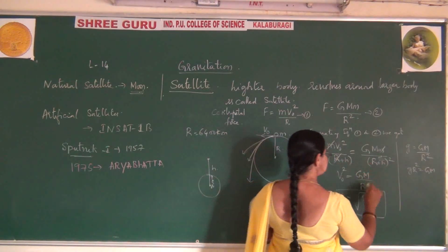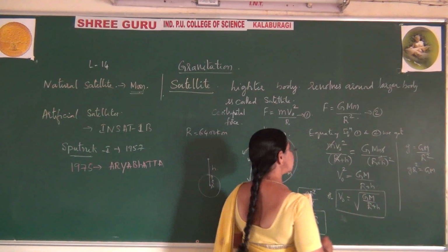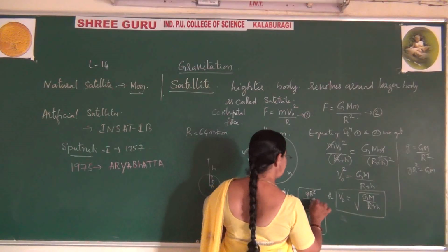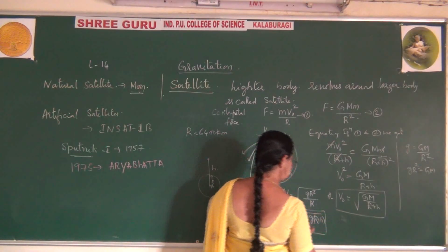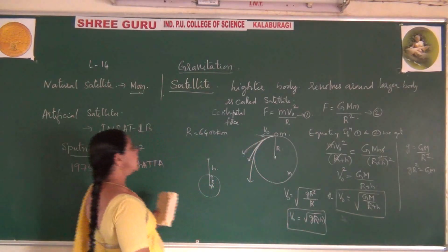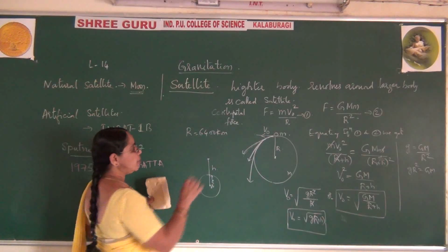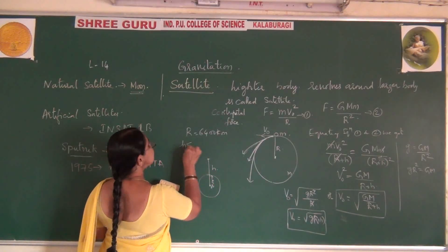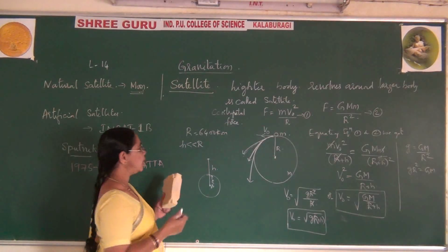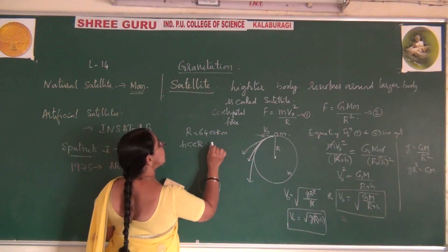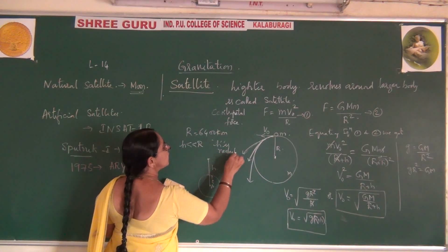But if h is very close to the surface, if h is much smaller than r, say 100 km or 200 km, then h is neglected.